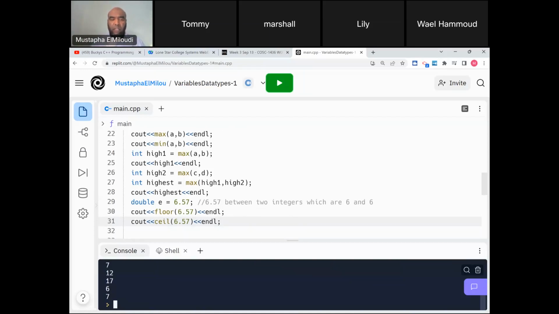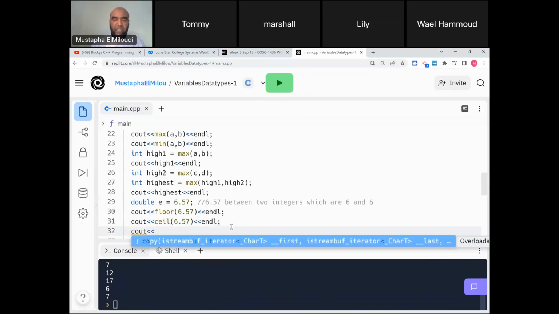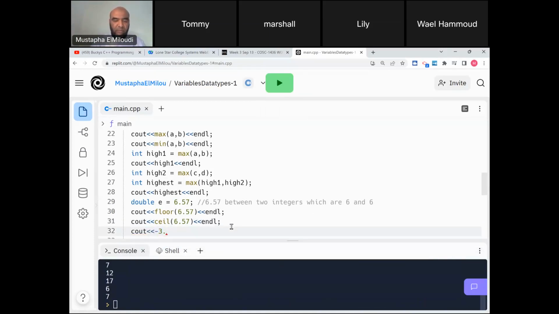Okay, so everybody understand? Now you have to be careful sometimes if you use negative numbers. Some people may get confused. If I put negative 3.23, what is the floor for this one? Let me use floor. So what is the floor here? -4. Exactly, yes. Why?